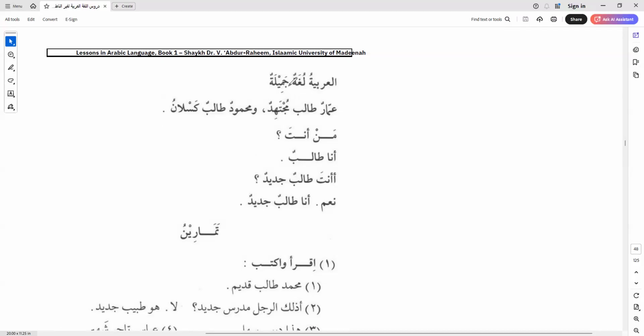العربية لغة جميلة. جميل. So we are looking at abstract adjectives now. جميل, beautiful. If something is جميل, it's beautiful, or it can be handsome, right?